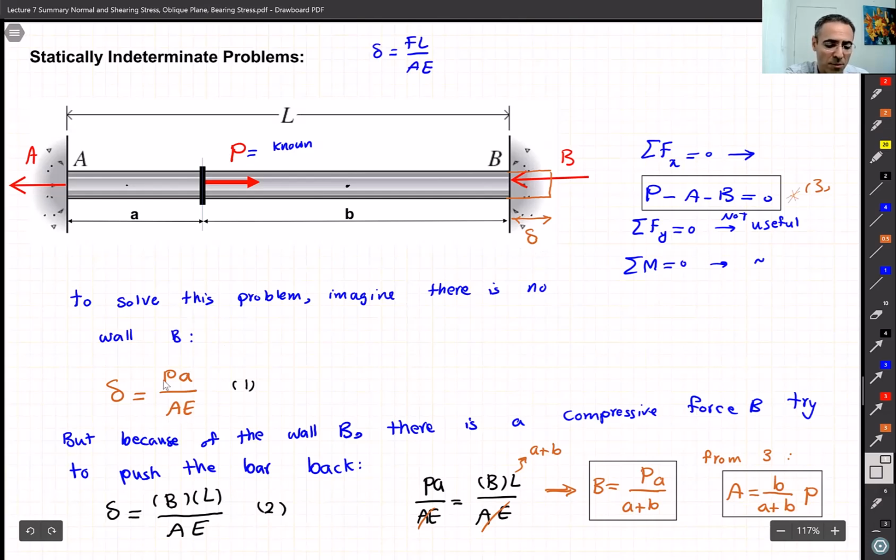So it's gonna be PA over AE. So that's this portion. But we know in practice, this is just our imagination. This is not what we have, in fact. What we have is this big wall B standing there with a force B and preventing this delta from happening, right?